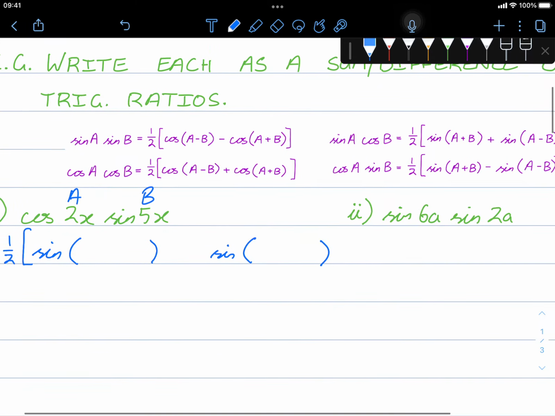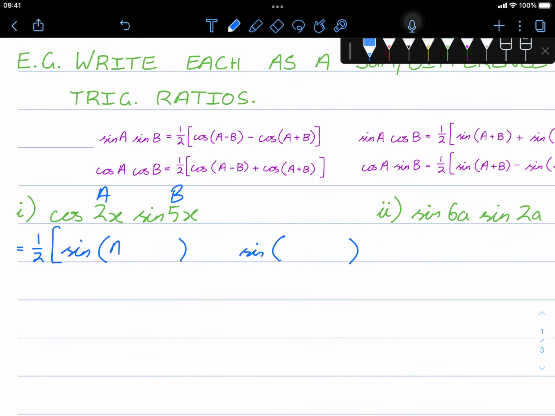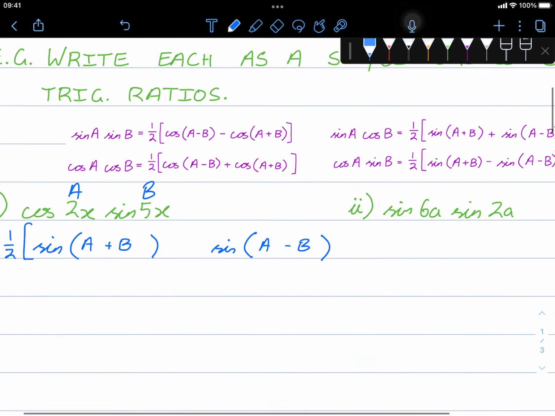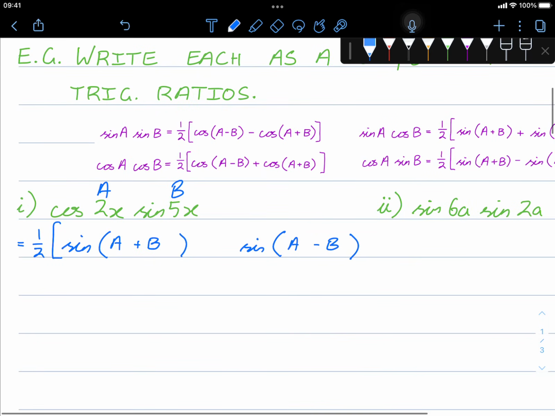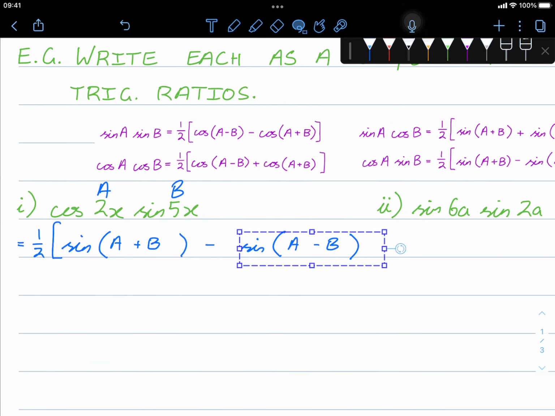And for both of them, it was addition first, and then subtraction afterwards. And the only thing I need to double check is, since it's cos and then sine, it's going to be a subtraction in between them.